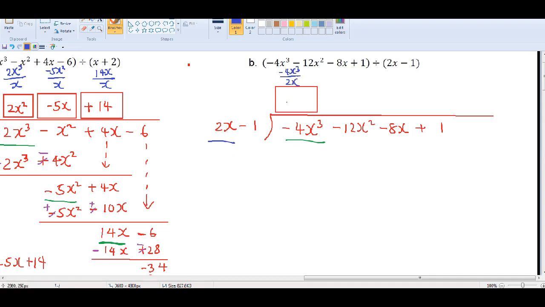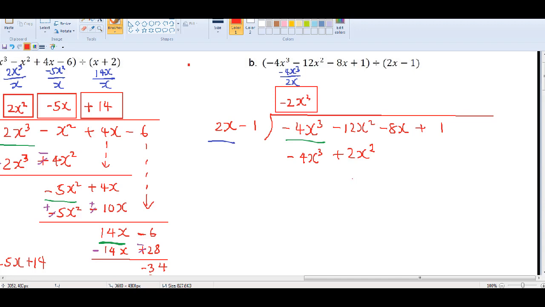That will give you minus 2x squared. Then use that minus 2x squared to multiply the divisor. You have minus 4x cubed plus, because the minus becomes plus 2x squared.